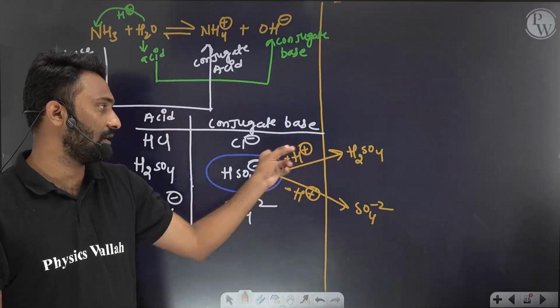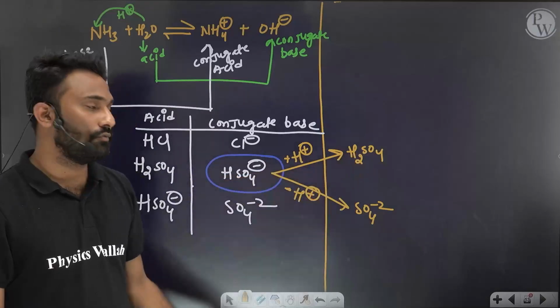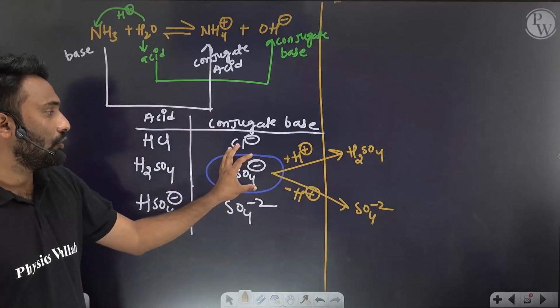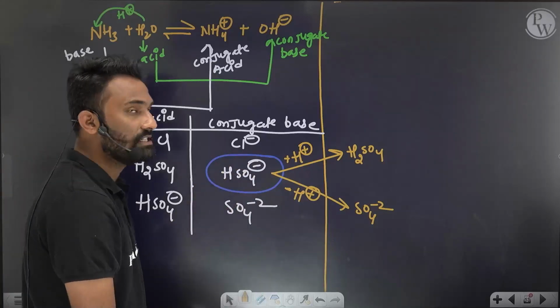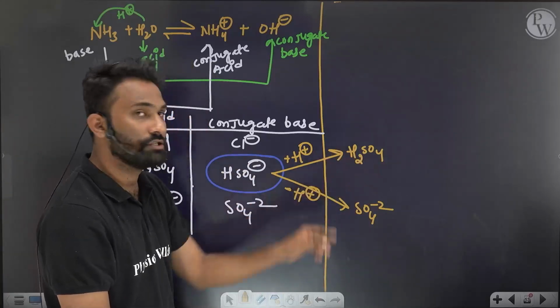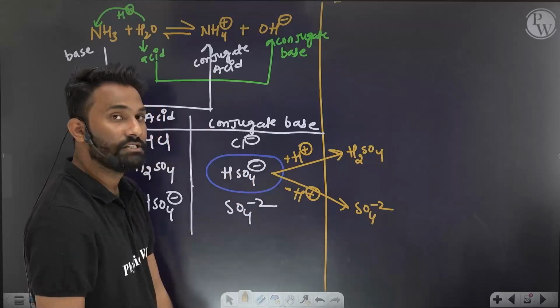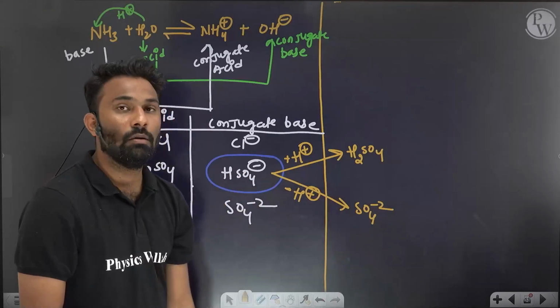If it accepts the H plus, it will form H2SO4. Here, HSO4 minus, you have to see very carefully. HSO4, which is a conjugate acid, means H2SO4. HSO4 minus, which is a conjugate base, means SO4 minus 2.